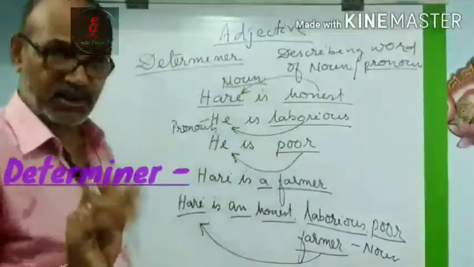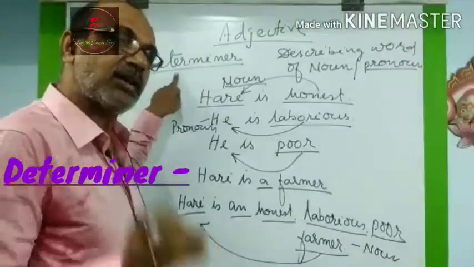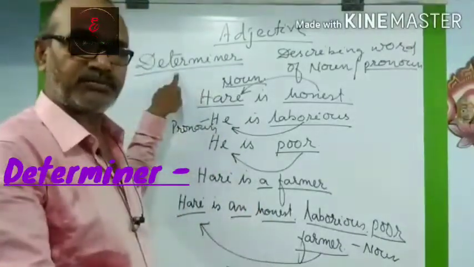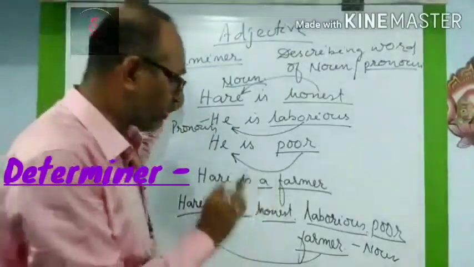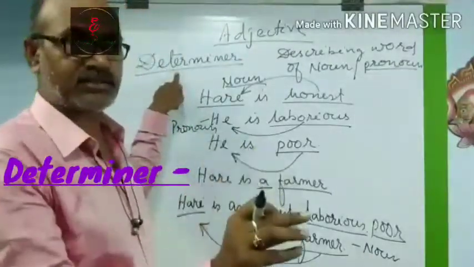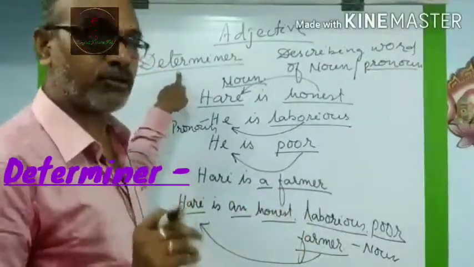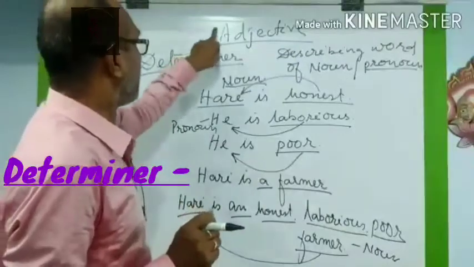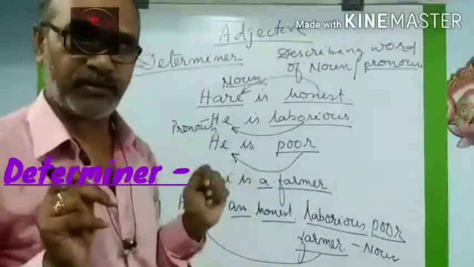In modern English grammar, a determiner is a word which is a describing word, which is an adjective. But according to the placement in the sentence, that is known as determiner. So here the difference between adjective and determiner becomes very important.